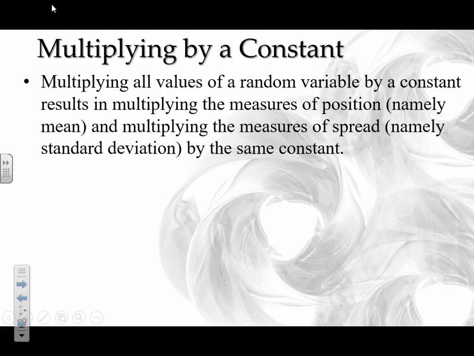Our measure of spread, in this case standard deviation, also gets multiplied by that same constant. Just like when we were talking about random sets of data, if we multiplied every data point by a certain constant, all of our measures of position and spread change by the same amount.